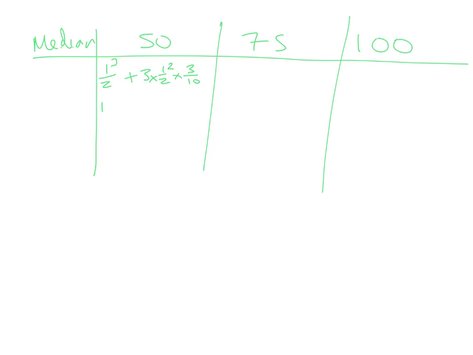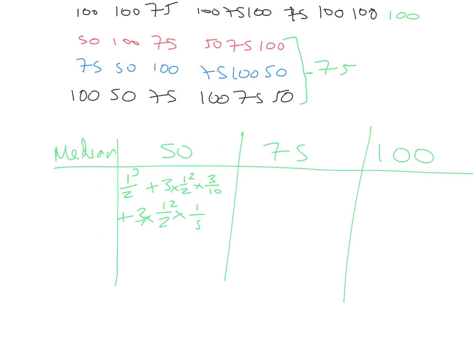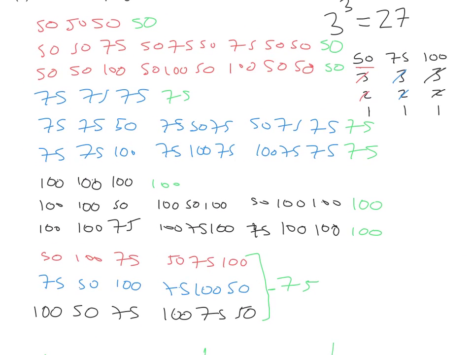And we also need to add that to when we get a half twice and 100 once. So of course that half should be squared because we got it twice. So that is these combinations up here. So I've multiplied each of these ones by 3 because it happens in 3 possible ways.